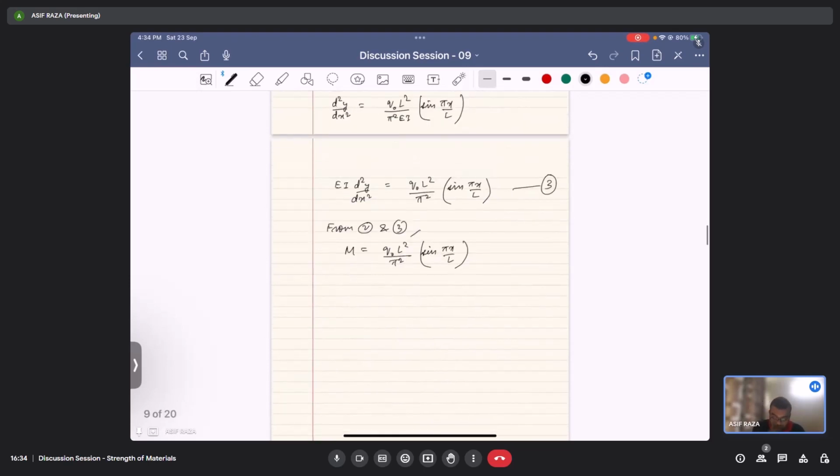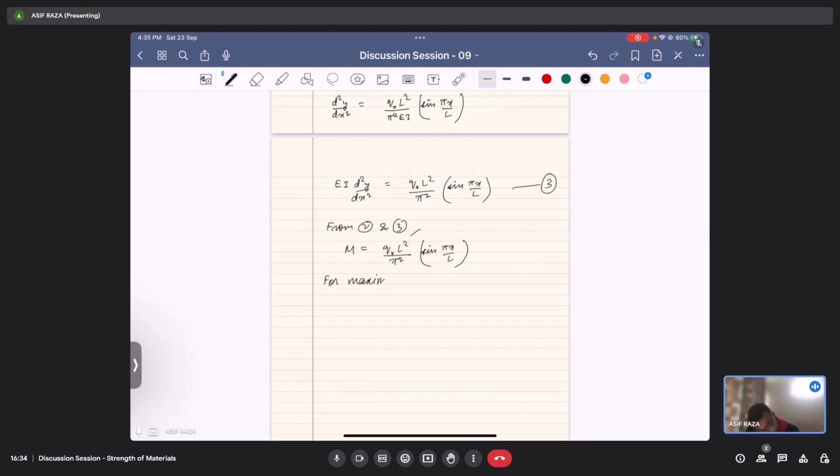To find any maxima, we need to take the first derivative of it and equate it to 0 to find the point at which it will be maxima or minima, and we'll substitute that value to get the actual value.